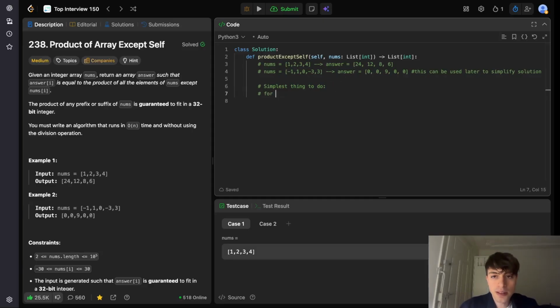So, but the problem is, in this case, we would have something like for num in nums, or better to say for e in n, given that our n is the length of nums.